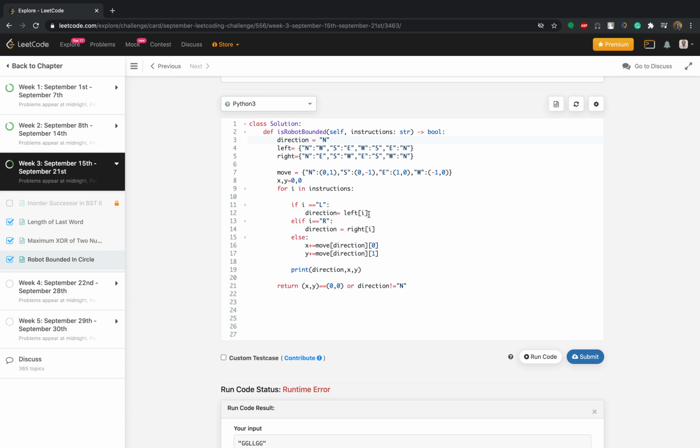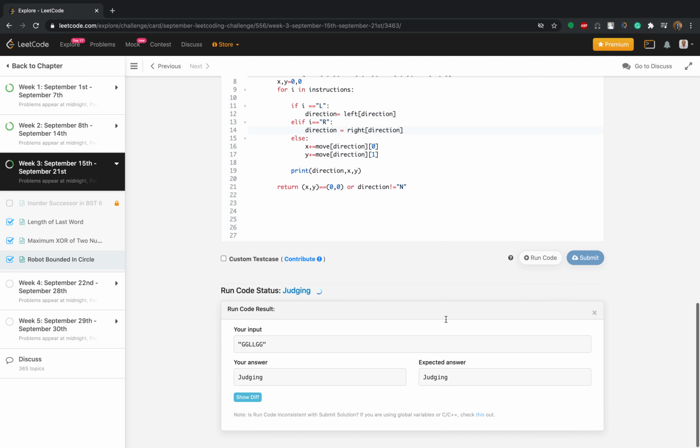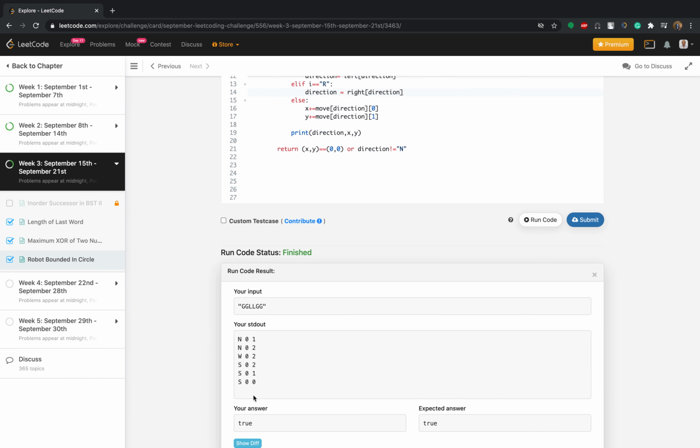Okay, it should be left of direction. Similarly, this should be right of direction, right? Yeah, so we are good.